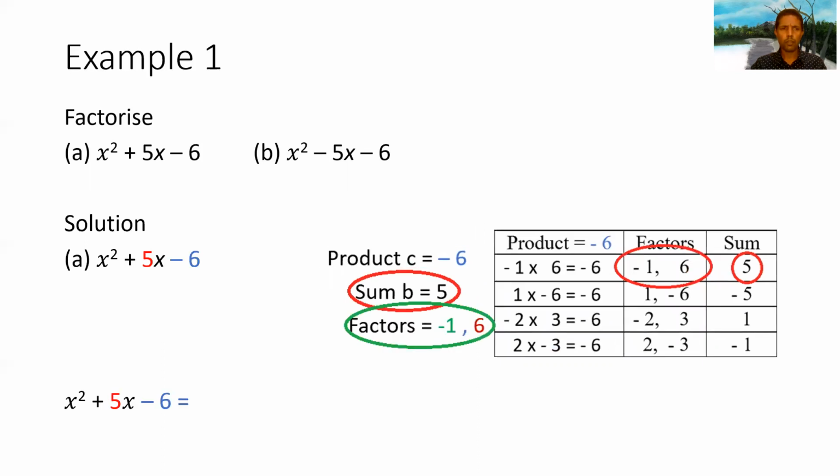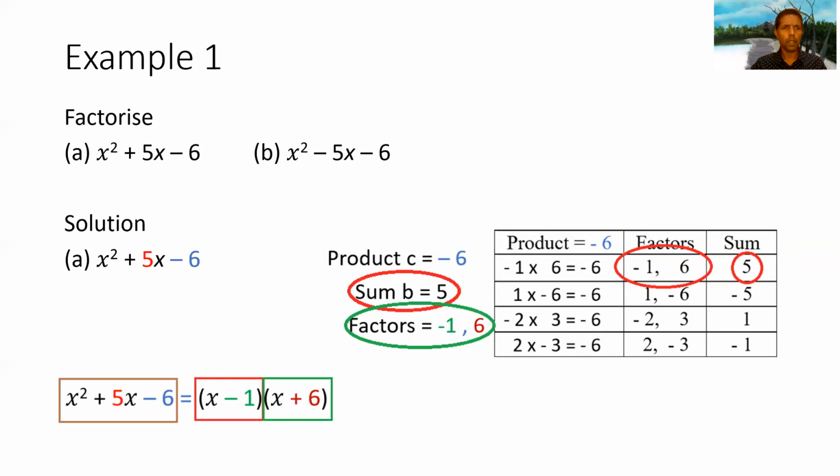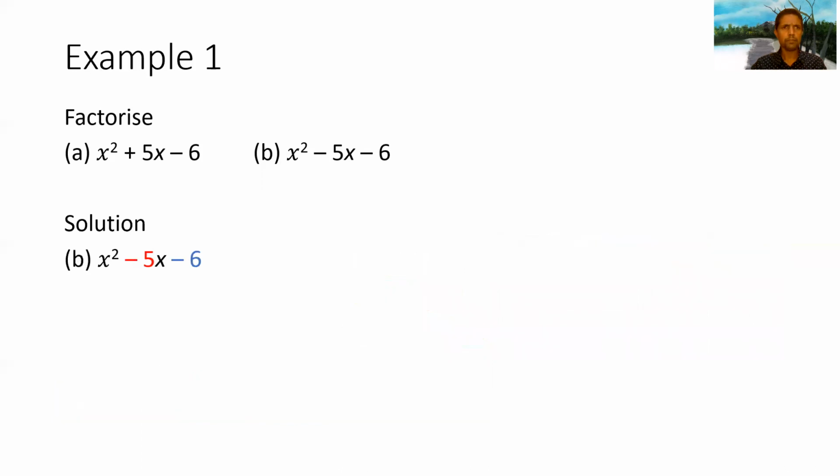Therefore, to factorize x squared plus 5x minus 6, we have (x minus 1) into (x plus 6), where x minus 1 and x plus 6 are factors of x squared plus 5x minus 6.